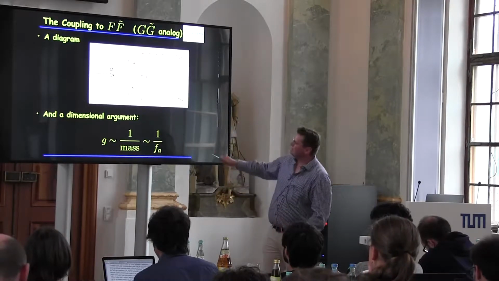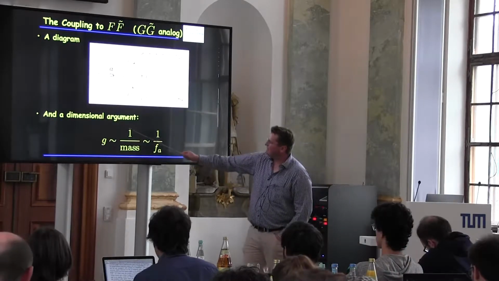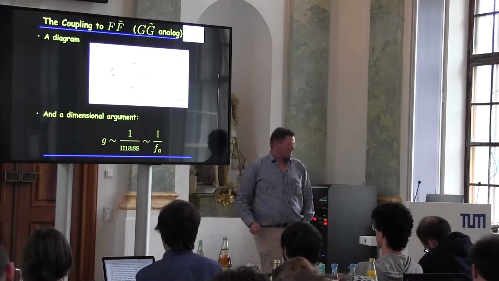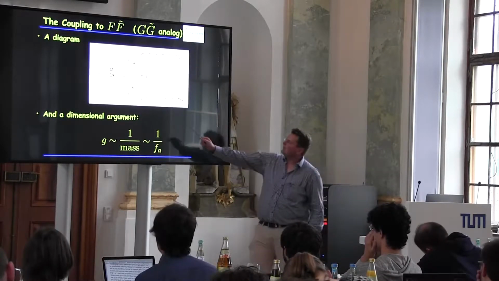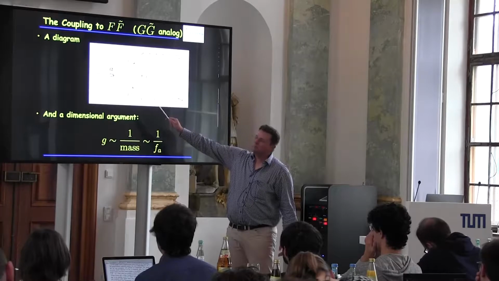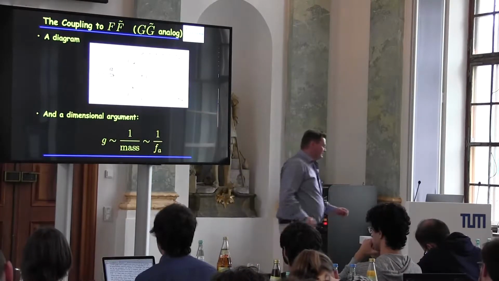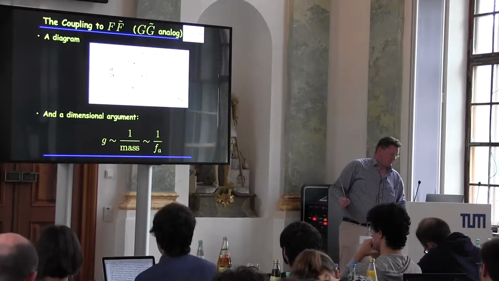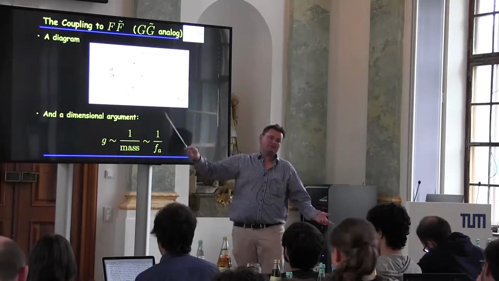Without even calculating in detail this kind of diagram, you quickly check that if you have a Goldstone mode, which is a scalar, coupled to two gauge fields, the lowest order operators that you can write are couplings to FF dual and F squared.